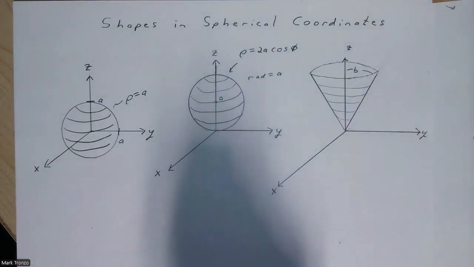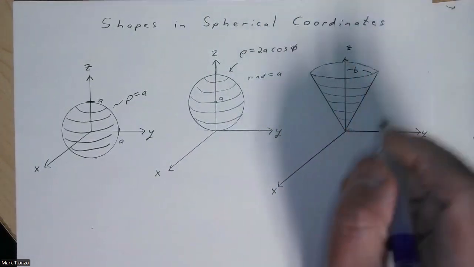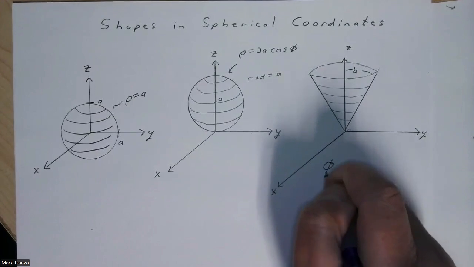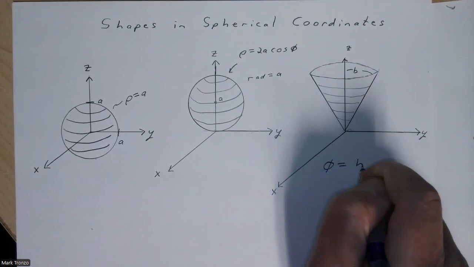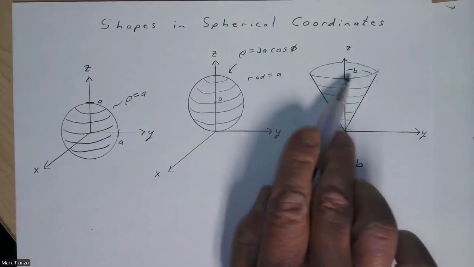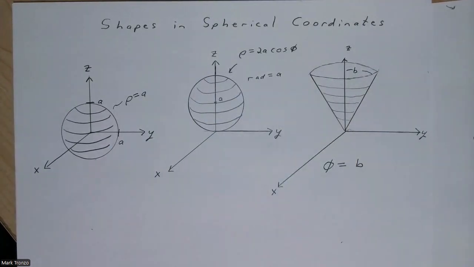That will generate the cone. So if you have a cone, that's going to be represented by phi equals b, where b is whatever this angle is. So we're going to use these when we calculate triple integrals.